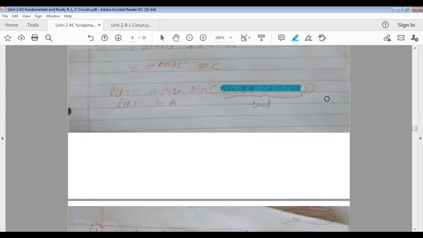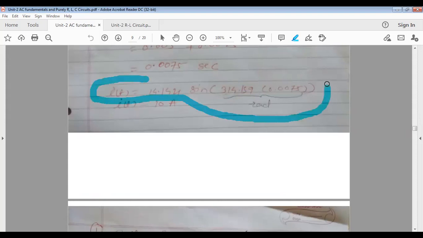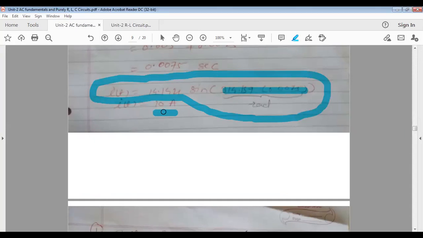Radian. Okay. So your calculator is normally in deg mode. If your calculator is in deg mode and you try this, you will not get the answer 10 ampere, because this term is in radian and your calculator is normally in deg mode.